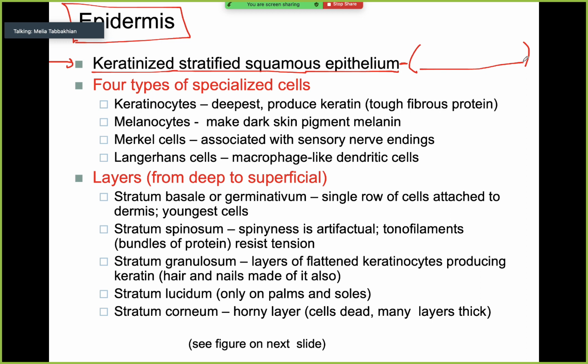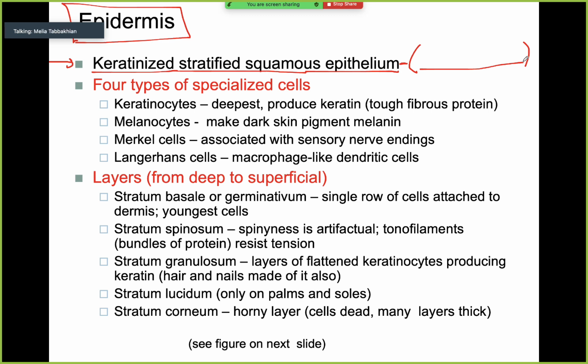That top layer of keratinized stratified squamous epithelium is made out of dead skin cells. It's literally the top layer of skin that you have, and if I scratch my top layer of skin underneath my nails, I would have keratinized stratified squamous epithelium.